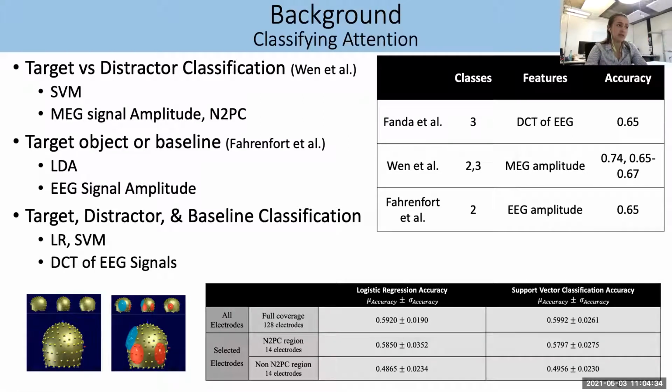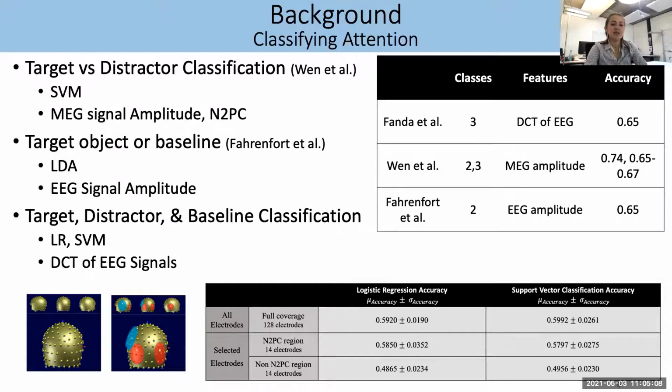To advance this, for my master's thesis, I was able to classify target, distractor, and baseline attention using logistic regression and SVM with the discrete cosine transform extraction of EEG signals. I will not go too much into detail about that because this is quite a short talk, but it's all within the paper. The main thing to understand here is that logistic regression and SVM performed quite similarly, and if you can use a simpler method, it's easier.